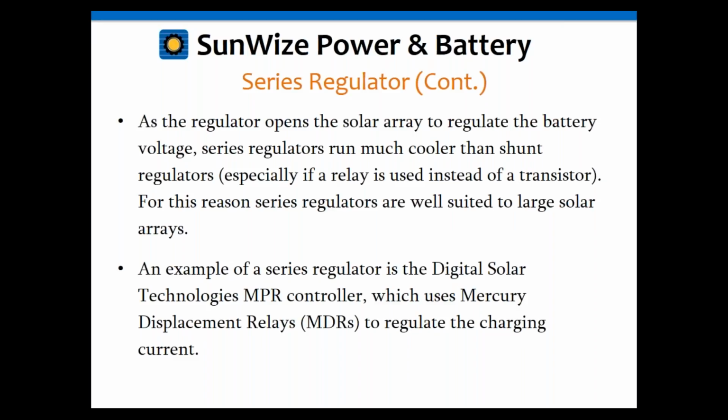Most mechanical relays would fail rather quickly because of that, but mercury displacement relays are rated to millions of cycles and can typically last 10 to 20 years in a solar application. So you'll frequently find these series regulators will use MDRs, the mercury displacement relays, for that.